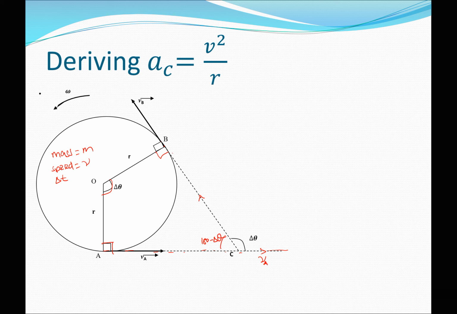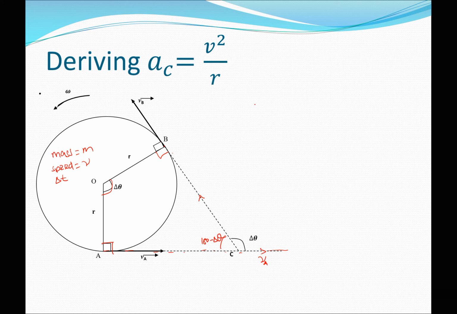So I'm going to draw a vector diagram. I'm going to come up with a simple vector triangle. So I'll just take this backwards. Let me start by drawing the vertical.